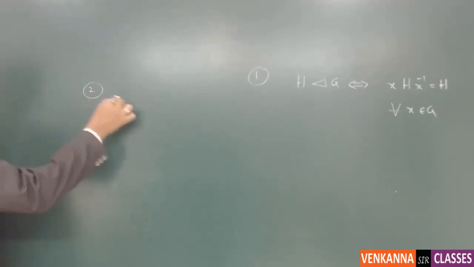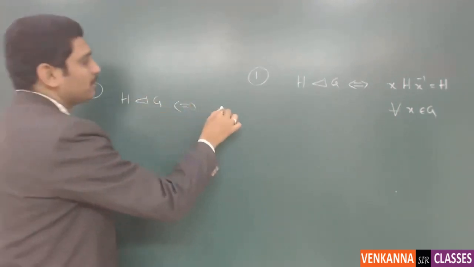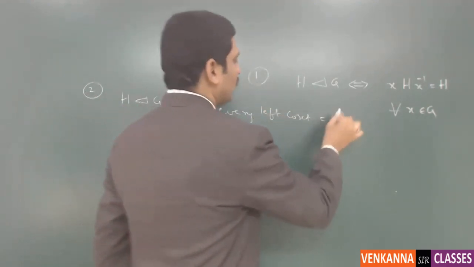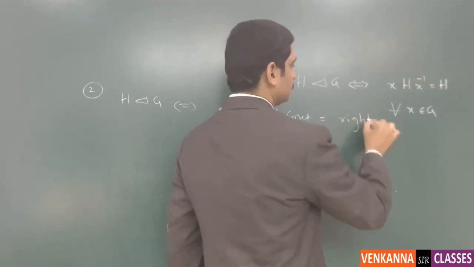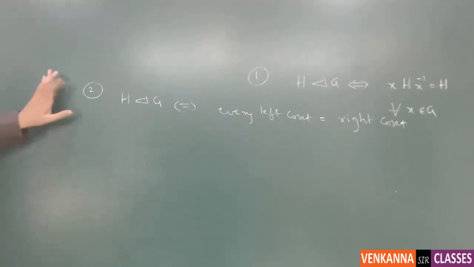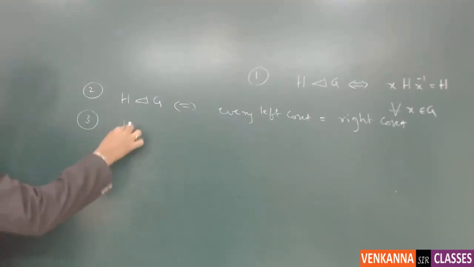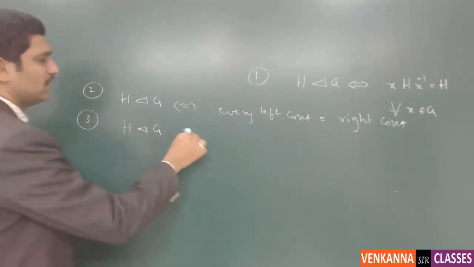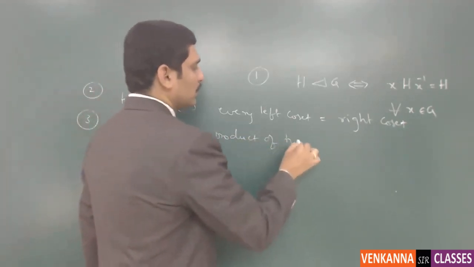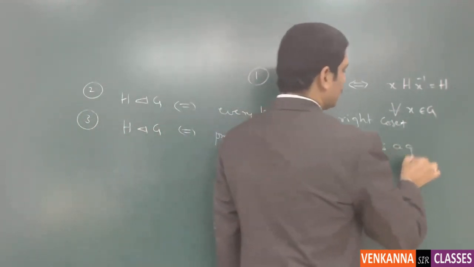Another result is: H is a normal subgroup of G if and only if every left coset is equal to the right coset. This is one good result, we will prove it later. Another one is: H is a normal subgroup of G if and only if the product of two left cosets is again a left coset.